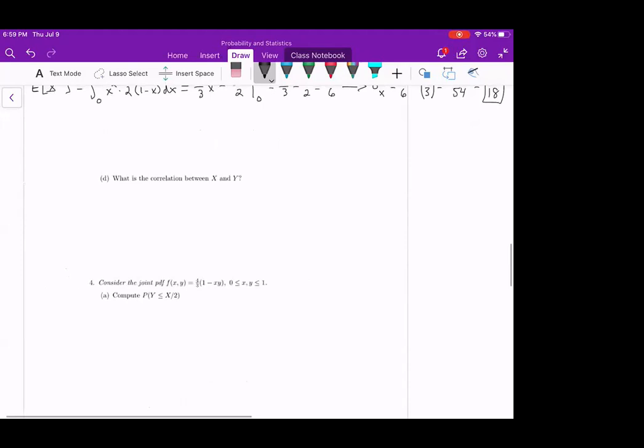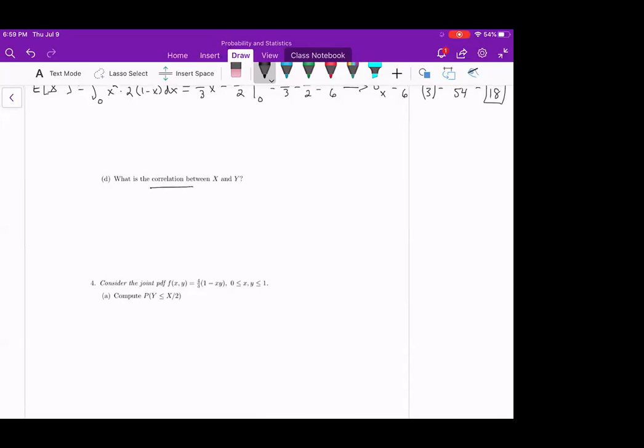But I just want to introduce what you would use in order to answer part D. So correlation is going to be given by the expected value of xy minus the expected value of x times the expected value of y, over the standard deviation of x and the standard deviation of y.